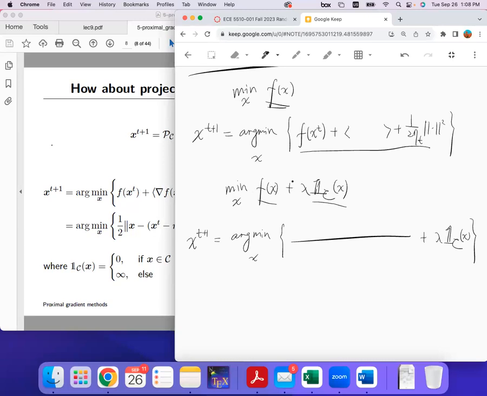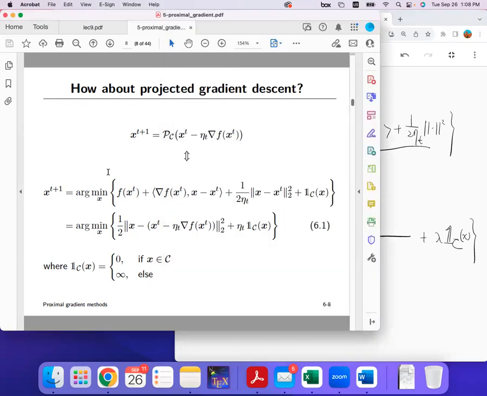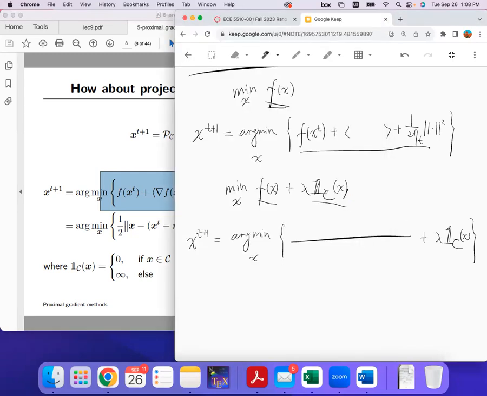Because f(x) is very smooth and differentiable, I can just reuse the local approximation of this function. But the regularization part is not differentiable.